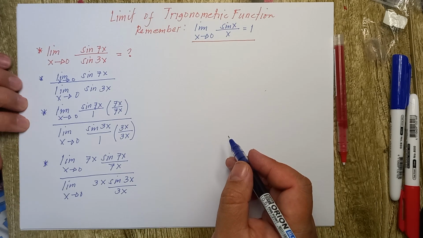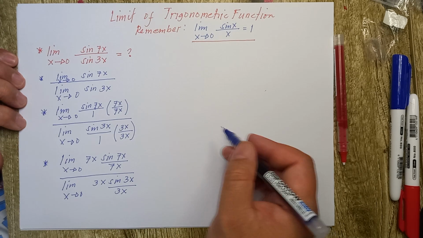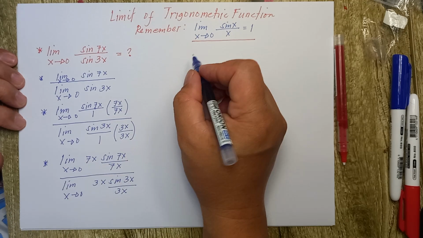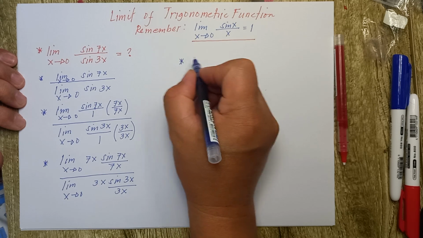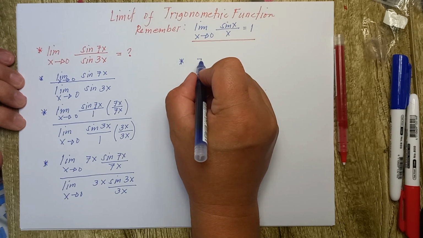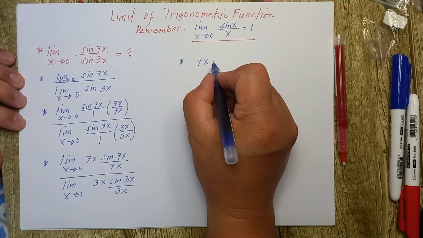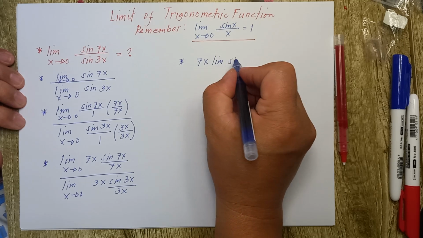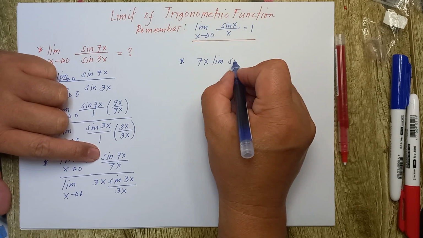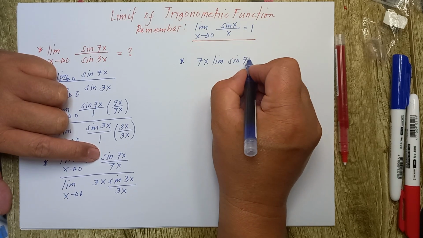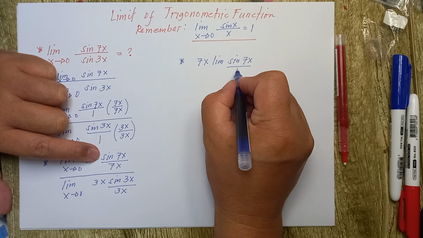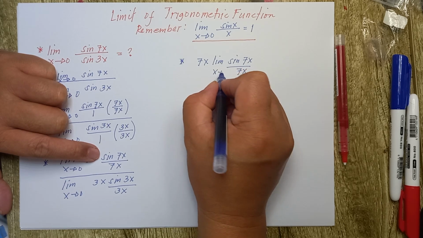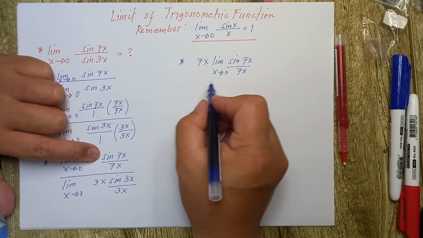Okay, notice that if we continue, we can factor out 7x outside the limit. So that is the same as, if we continue, 7x times the limit of sine 7x over 7x, definitely as your x is approaching 0.